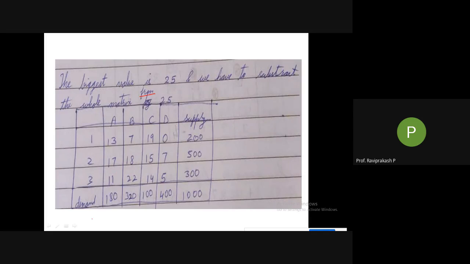Jaswant, what was your answer? Just let me know. Sir, answer is 9820.